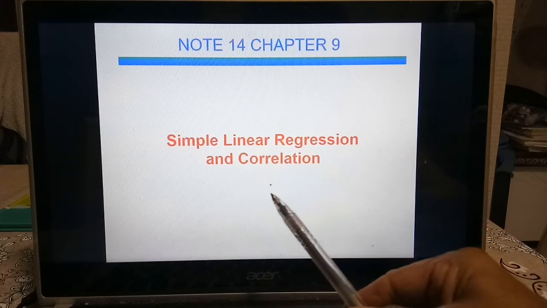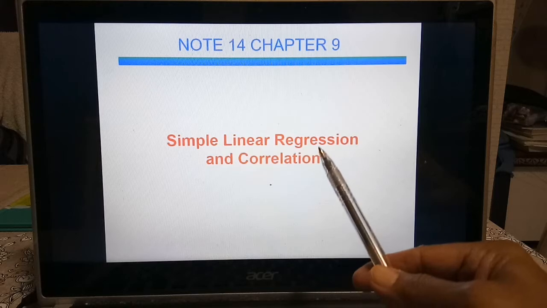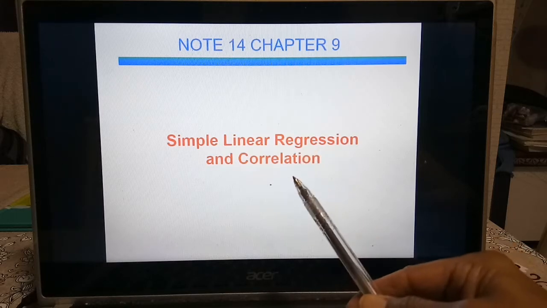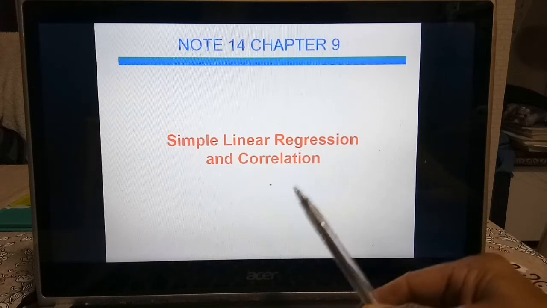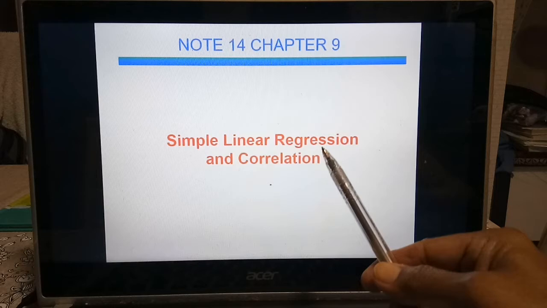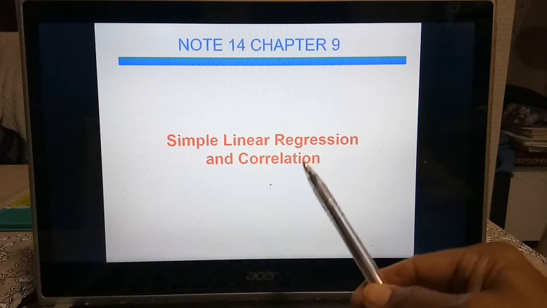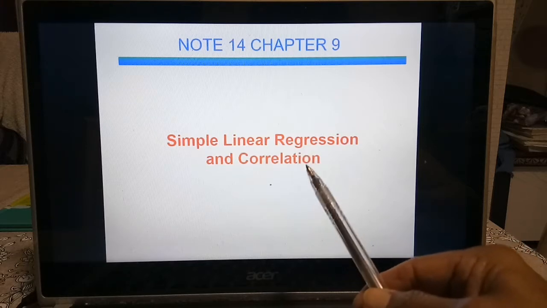Okay, so for correlation, the difference between correlation and regression is that correlation measures the strength of the relationship. Regression is more about building an equation that connects the dependent variable with the independent variable.